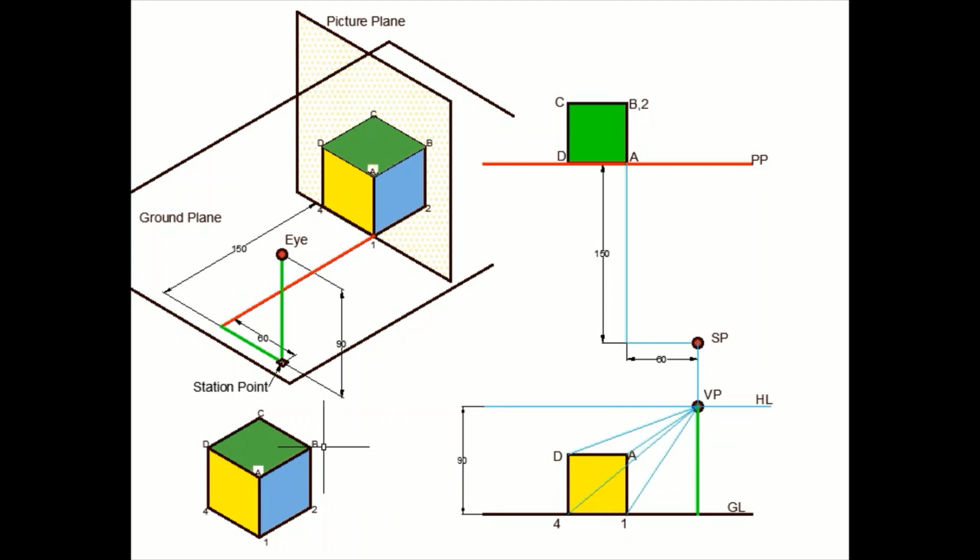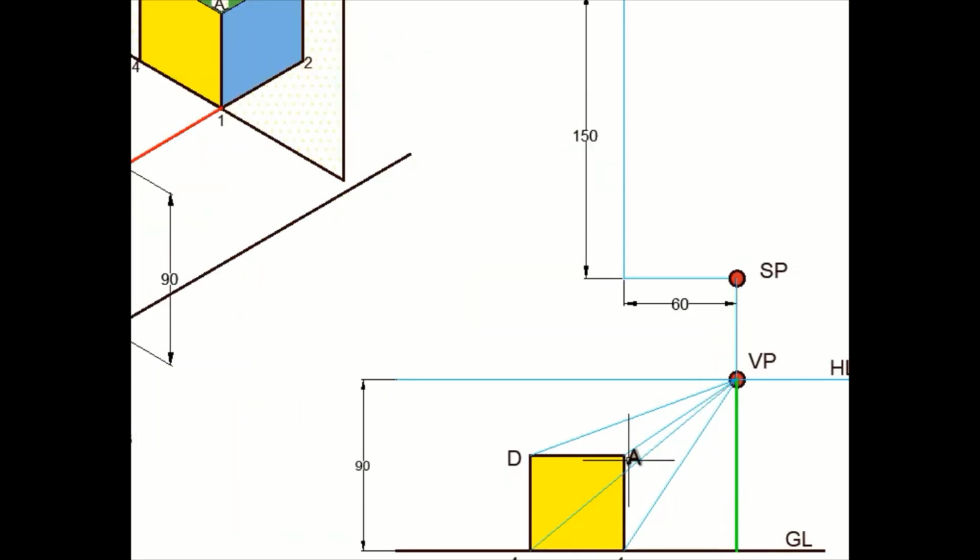So point B lies on this edge, starting from point A, going in this direction. Now in case of perspective, B should lie on the same edge. It should lie on this edge which passes through point A and ends at the vanishing point. But where does point B lie on this? That needs to be ascertained.